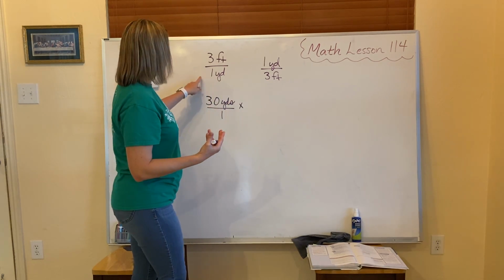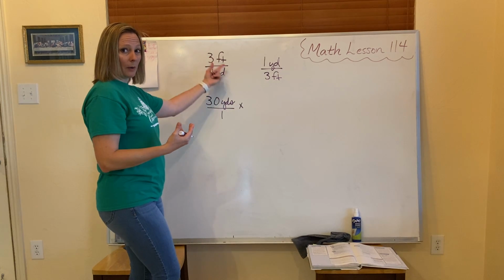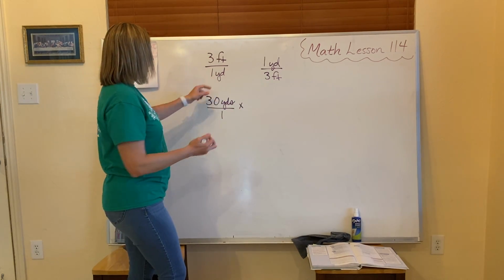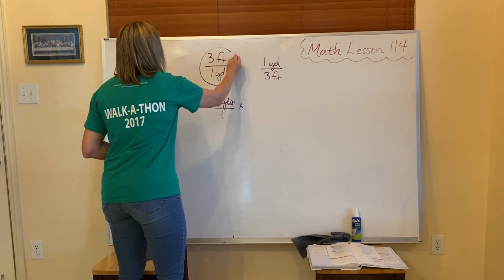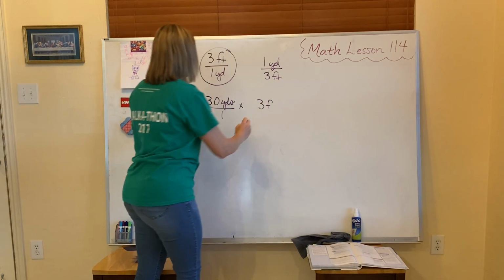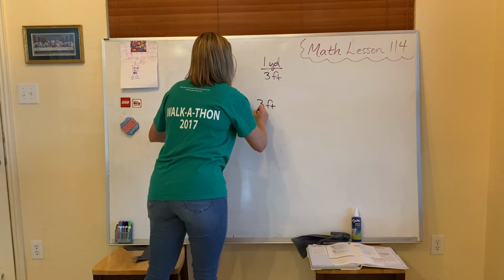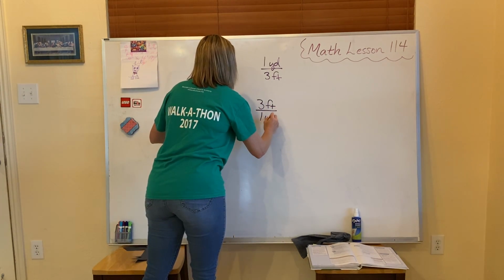The thing we're converting to will be on the top. The measurement that we have right now will be on the bottom, the denominator. So we will use this one. We're converting to feet, right? So we'll multiply 30 yards times 3 feet over 1 yard.